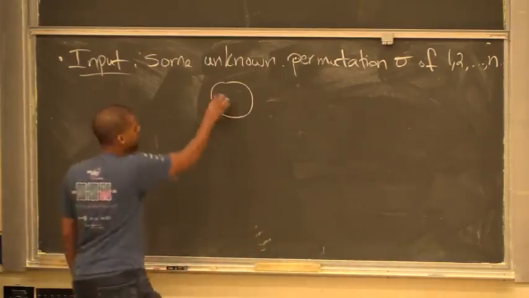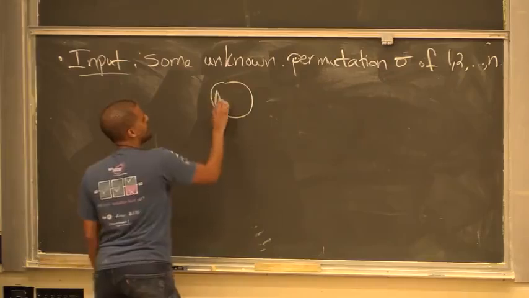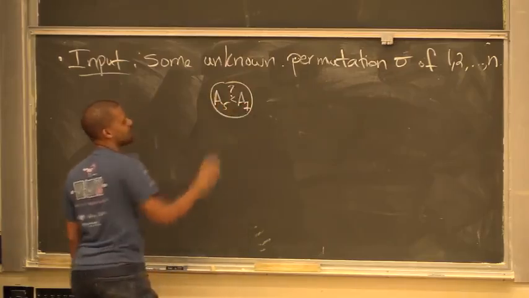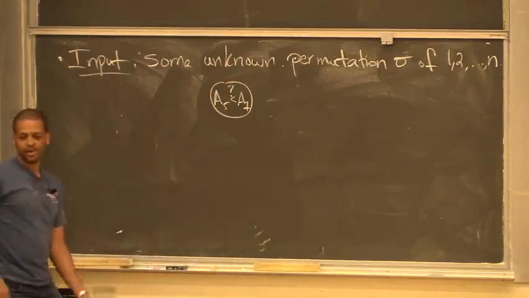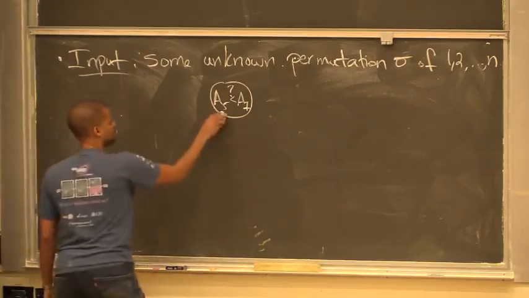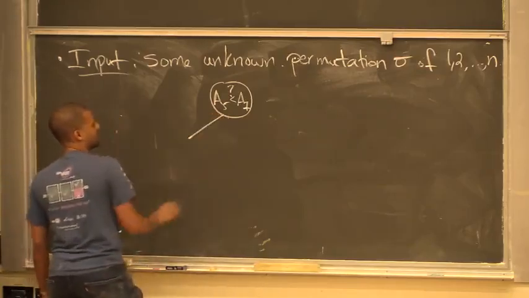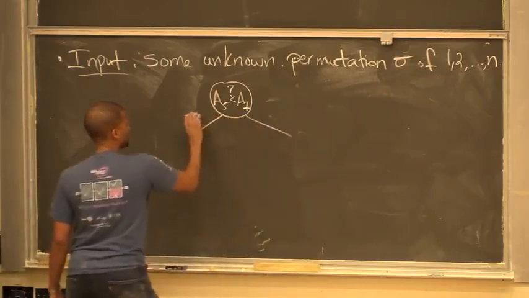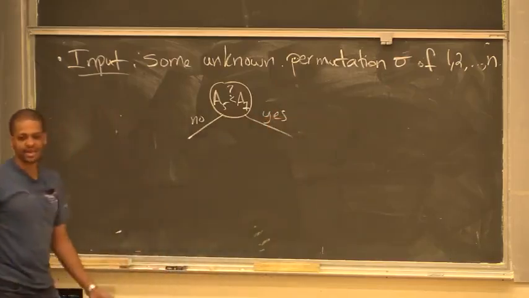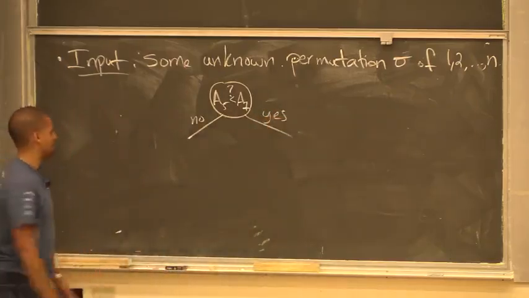So at the beginning, it's going to ask, is A5 less than A7? And there are only two possible answers, yes or no. So it's going to branch: either the answer is no, or the answer is yes. Based on what happens, the algorithm is going to do something next.